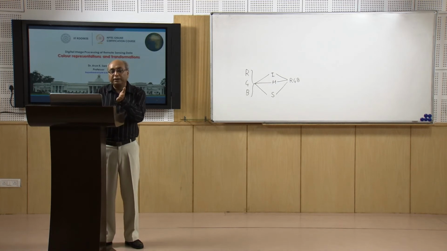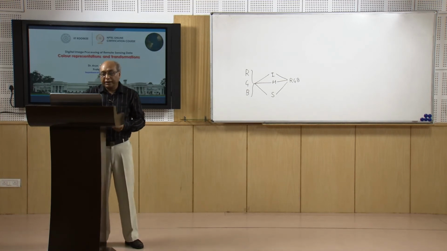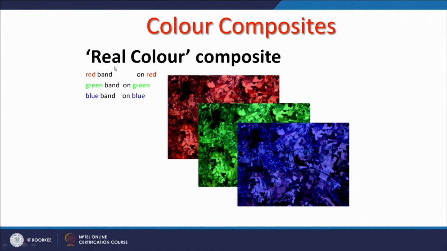That means a plane which will touch all these three corners. So your image will be projected on that. So red band, if we are approaching for, instead of false color, the real color or near real color.